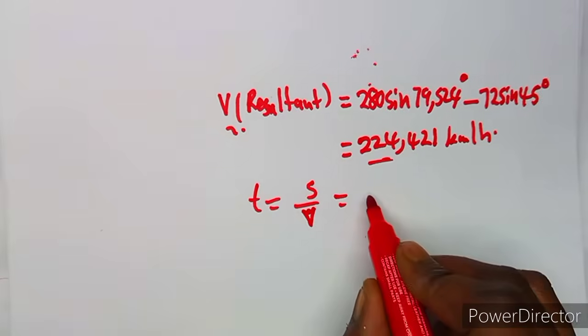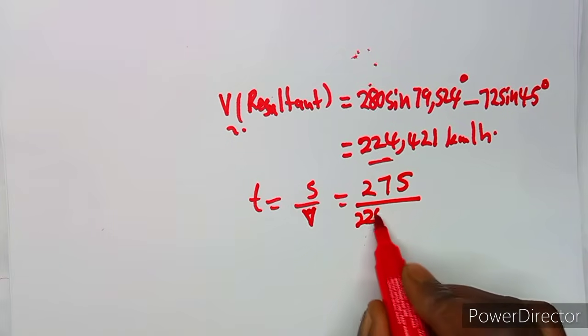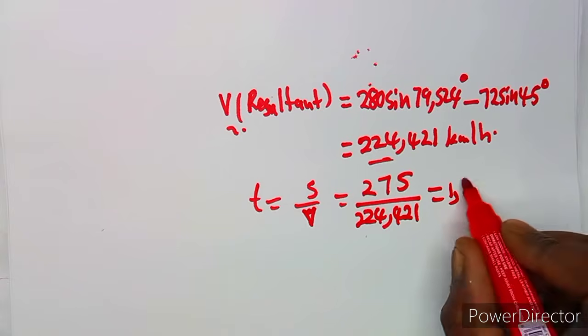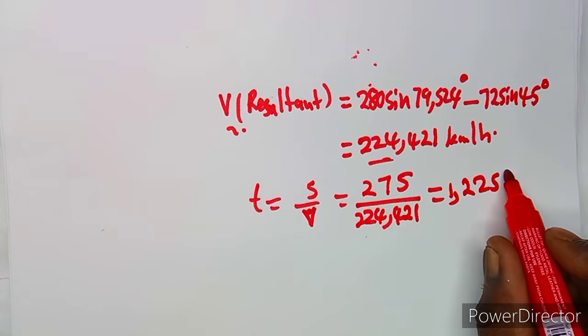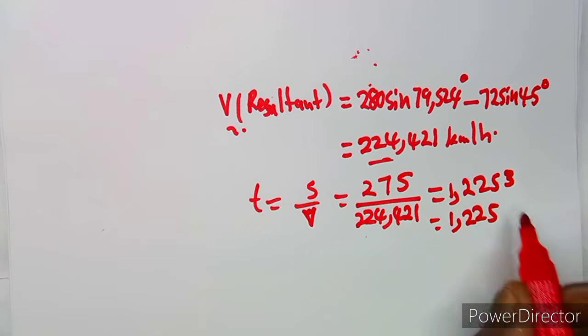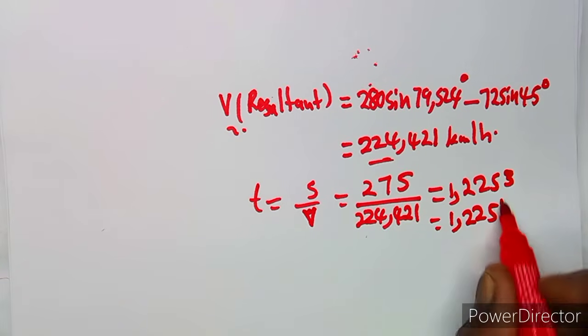So it's 275 over the velocity of 224.421. You're going to divide and obtain 1.225 and so forth. This is kilometers over kilometers per hour, which means this is in hours.